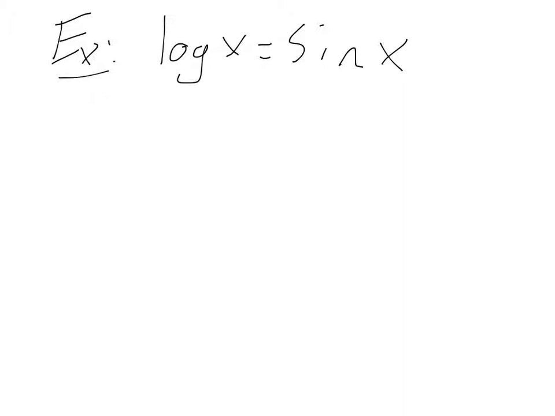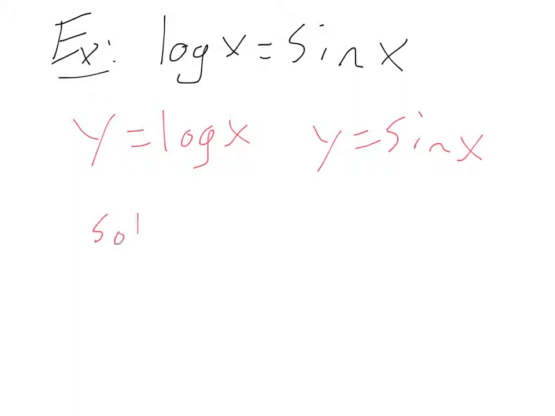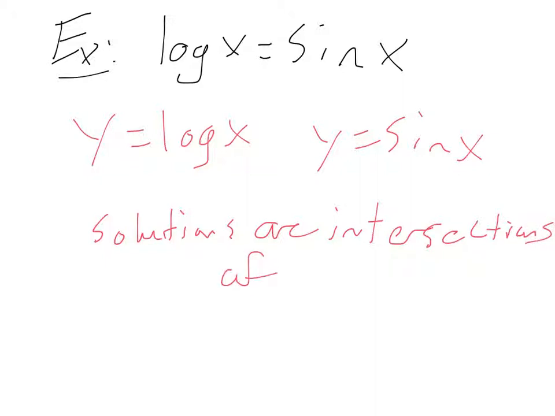Instead of getting it all on one side and thinking of the solutions of the equation as the x-intercepts of that function, what we can do is treat the two sides of the equation like two separate functions. So the function y equals log x and the function y equals sine x. And log x equals sine x when they intersect, right? So the solutions of that equation are the intersection points of these two functions.